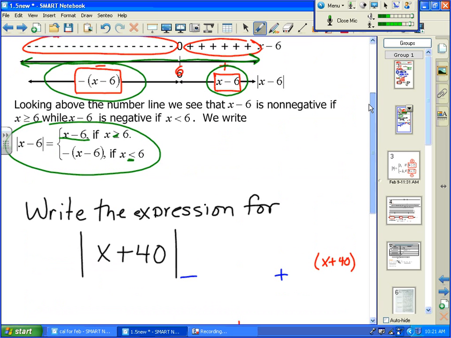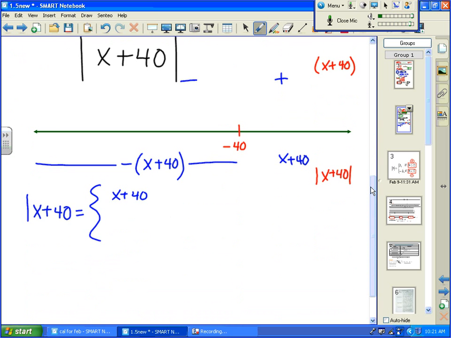Okay, notice that the positive is there, we can put if. What would I write? Put x greater than or equal to negative 40. And it's equal to what will be the bottom one here then. We can use the brackets more.